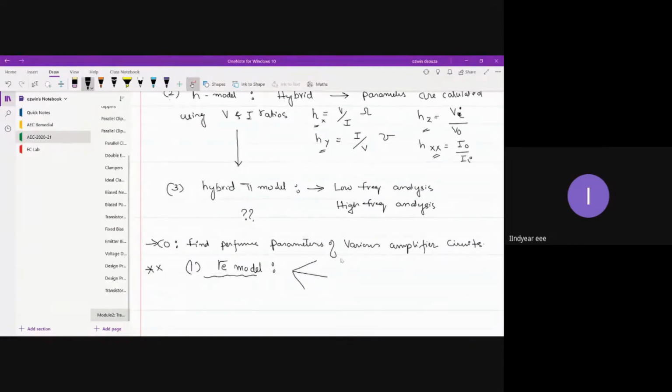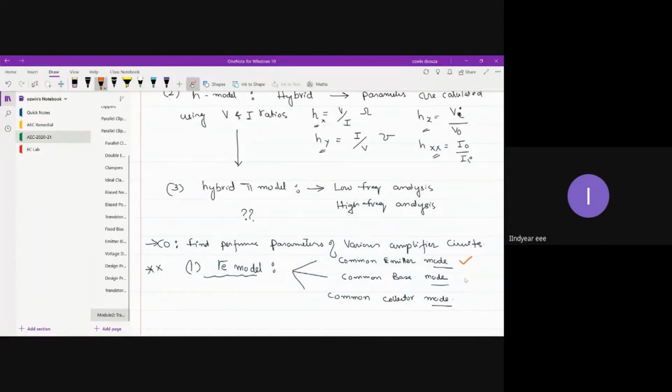As we have already studied in module 1, a transistor can be configured in common emitter mode, or common base mode, or common collector mode.